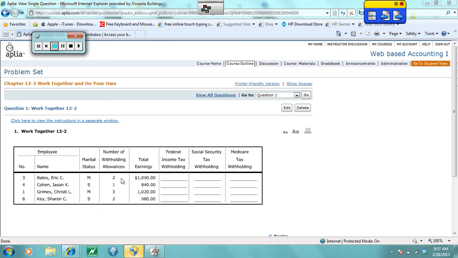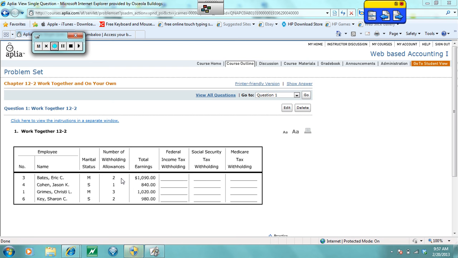Now, if you were looking at this chart, the same as I am, it falls between at least $1,080 but less than $1,100. If he had made $1,100, if he had, but he didn't, you would have to go down 1. And then his withholding would be $52.